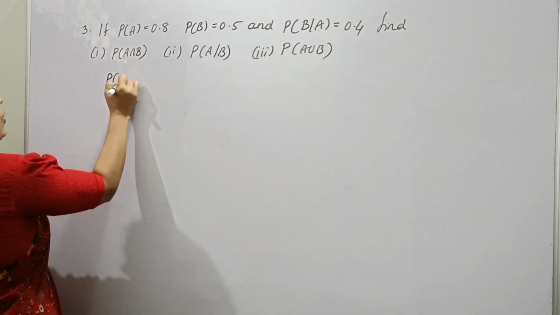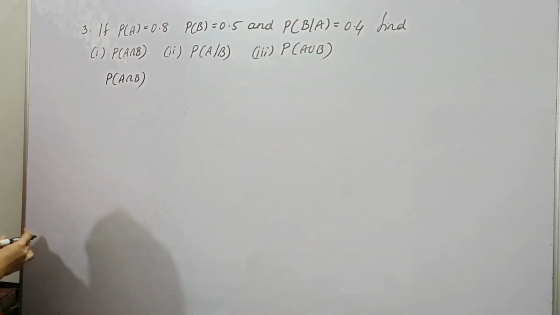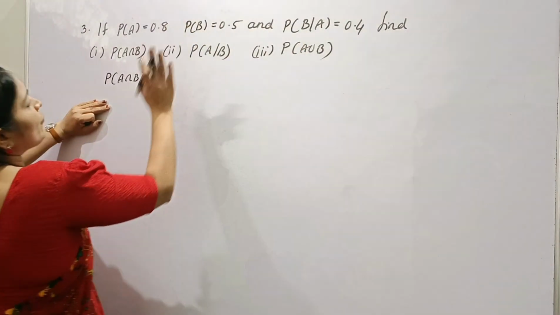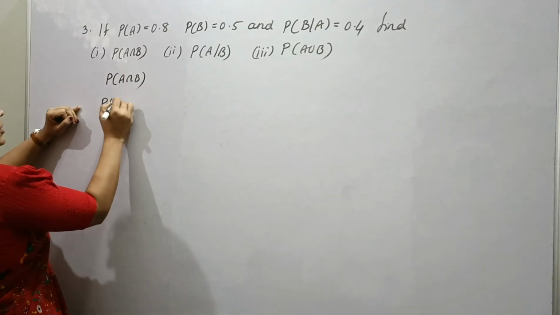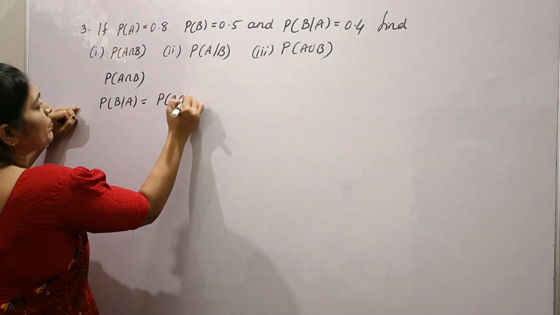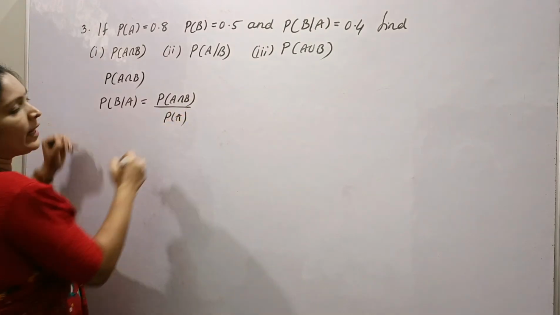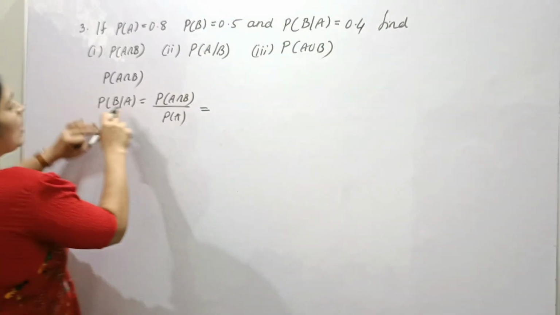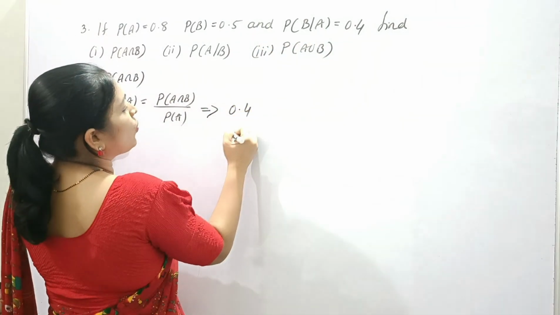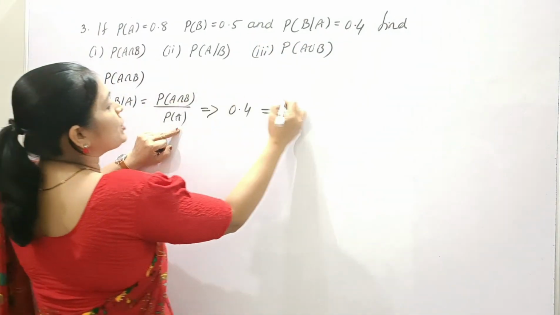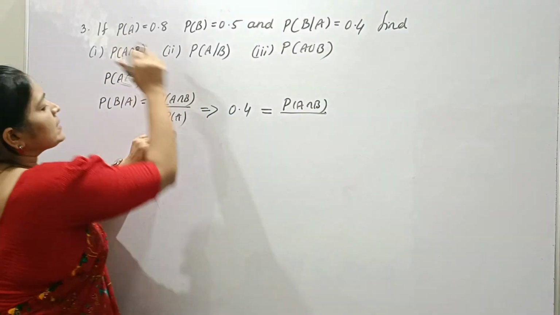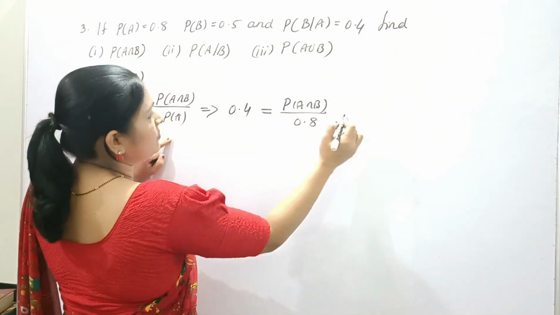First is probability of A intersection B. Here it is given probability of B given A, which is equal to probability of A intersection B divided by probability of A. So 0.4 is equal to probability of A intersection B divided by 0.8.